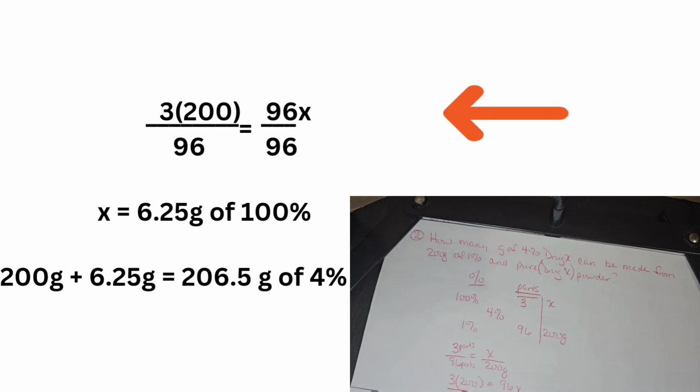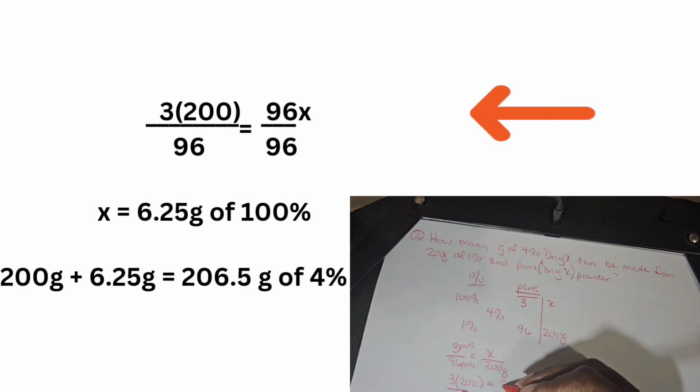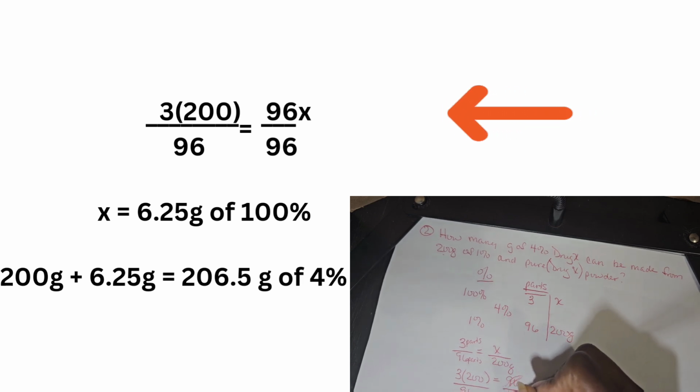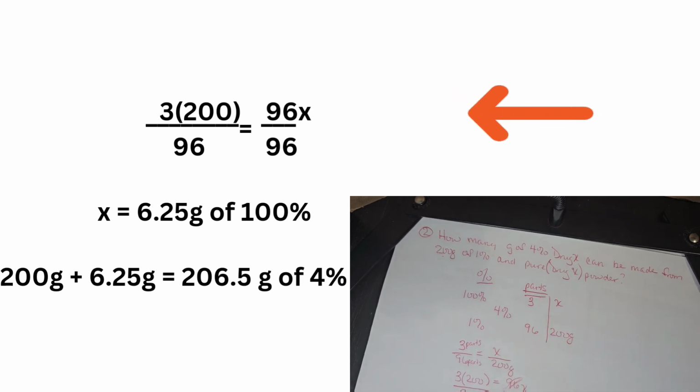And so we solve: 3 times 200 equals 96x. We divide both sides of our equation by 96, canceling the 96. So when we solve, X is equal to 6.25 grams of 100%.